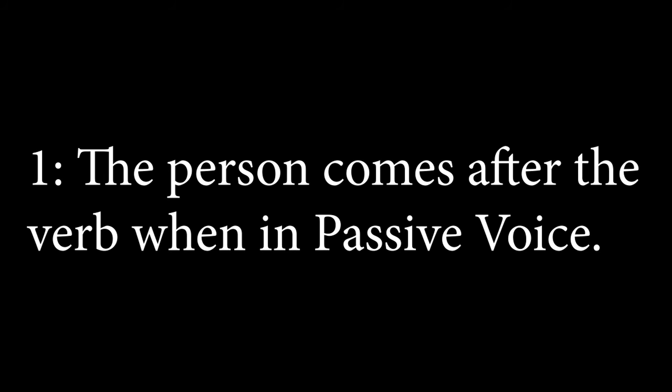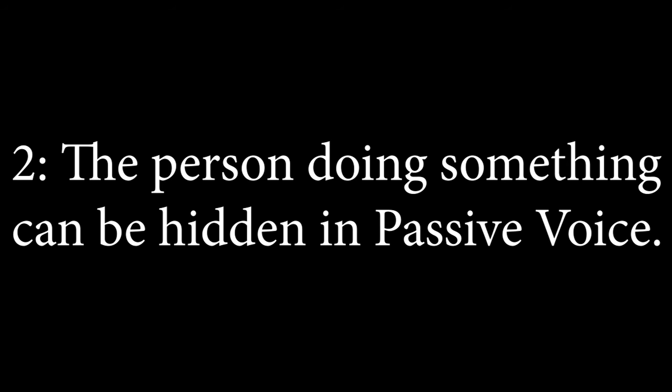So let's talk about some differences beyond just the first one, which was the person doing it comes first in active voice, whereas in passive voice they come afterwards. Another difference, an easy way to spot if something is in passive voice, is to look to see if the person doing something just isn't there.